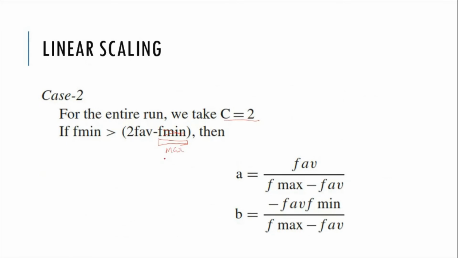Even though in the text it is written as F min, I believe that it is F max, because in this text from where I got these derivations there are some other mistakes also, and I tried to correct all of those. Then A and B are calculated as A equal to FAV divided by F max minus FAV, and B equal to minus of FAV into F min divided by F max minus FAV. So this is the condition when C equal to 2.